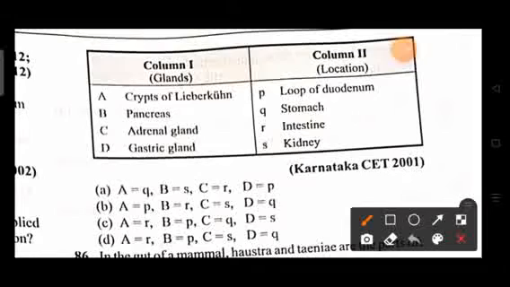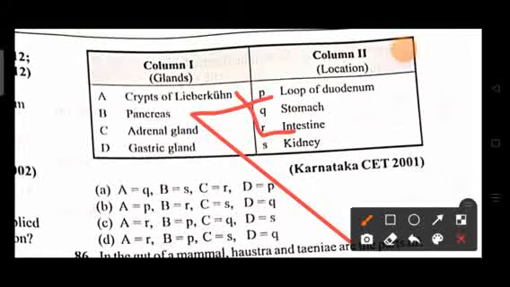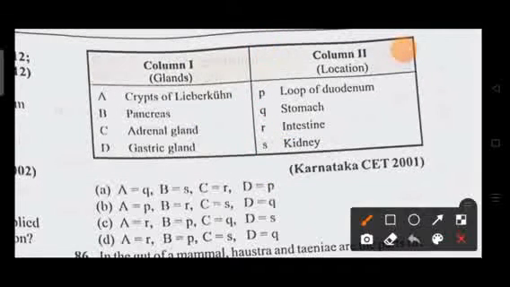Crypts of Lieberkühn, you already know, are concerned with the intestine. Pancreas is present in the loop of the duodenum. Adrenal gland is present on the kidney. Gastric glands are present in the stomach.